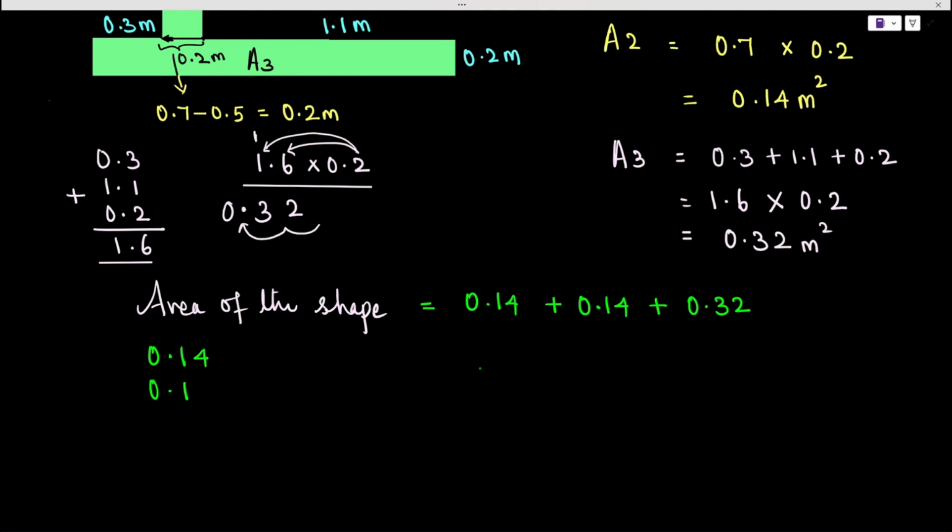So 0.14 plus 0.14 plus 0.32, if we add it all together, 4 plus 4 plus 2 is 10, so we write 0 and we carry our 1. 1 plus 1 plus 1 is 3, plus 3 is 6, and we have 0.6 meters squared as the total area of the shape.